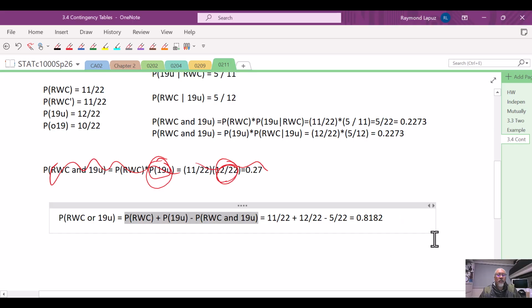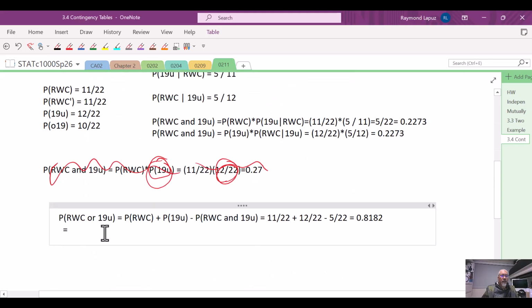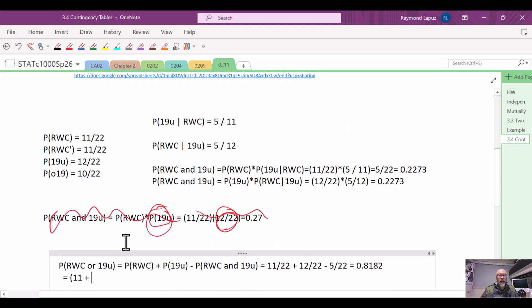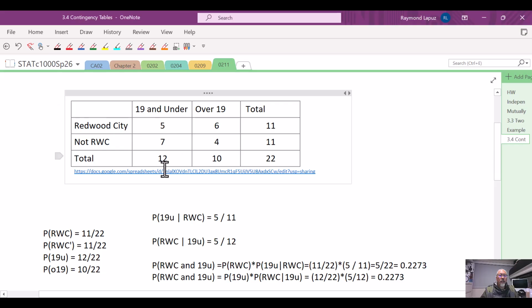So another way to do this problem is to count the number of people in Redwood City, that's 11 over here. So that's going to be 11. And I'm going to put parentheses because this is all going to be in the numerator. And then the number of people that are 19 and under, that's 12.